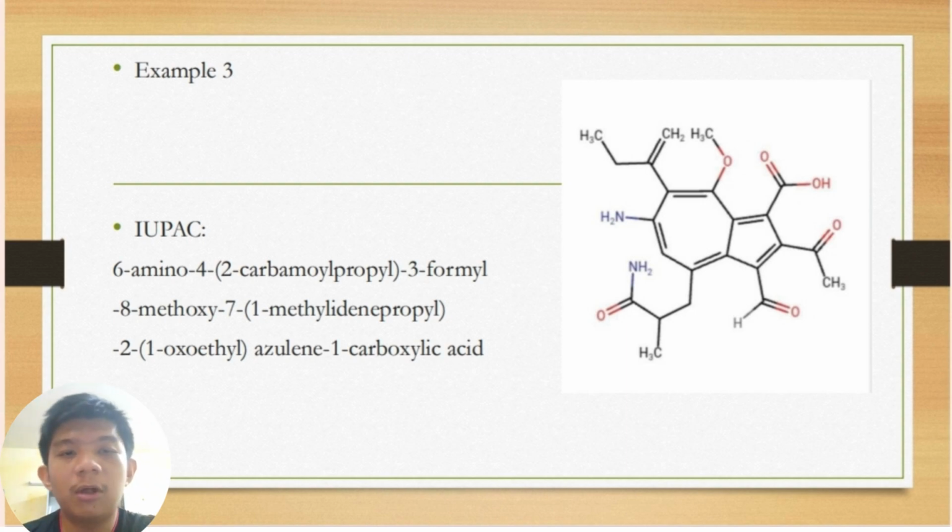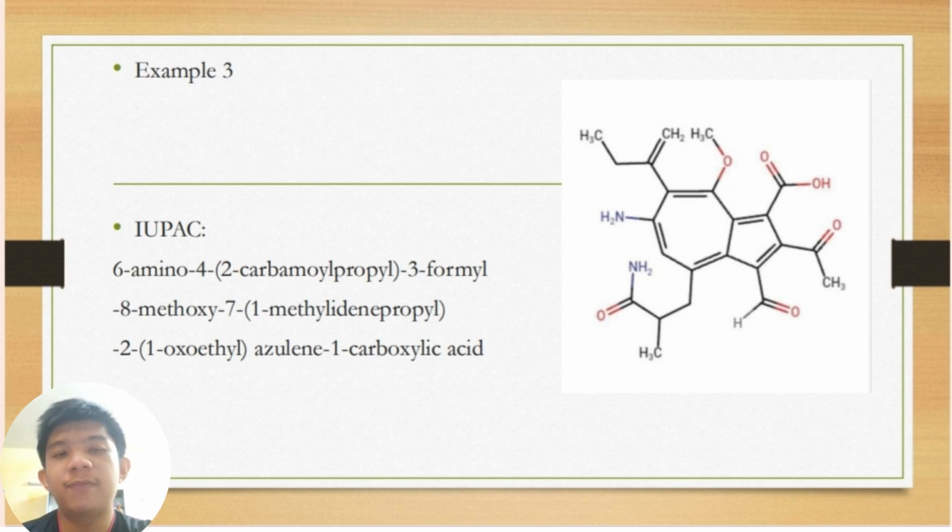The parent chain is called azulene, and you can see that there is a heptagon, a 7-member ring, and a pentagon, a 5-member ring. They are fused together, so this molecule has a bicyclic structure, and it is also aromatic. This is called azulene.